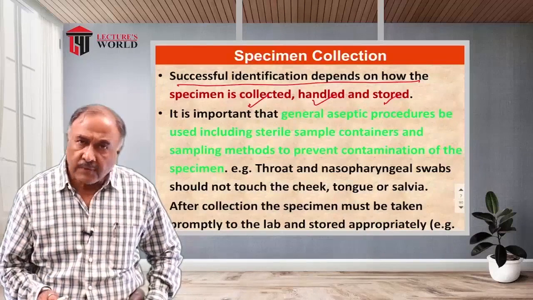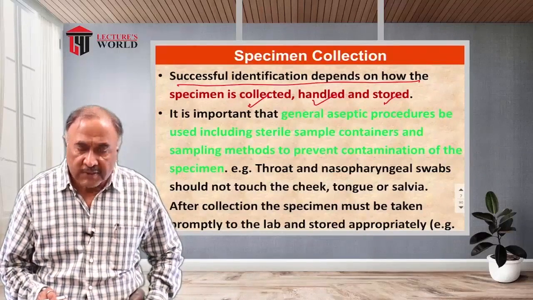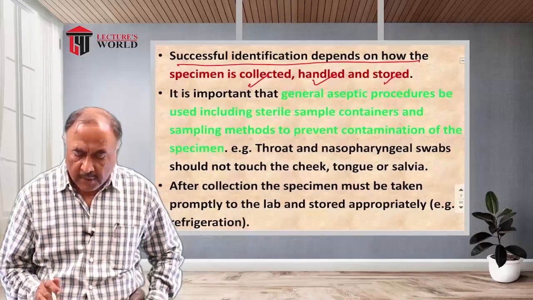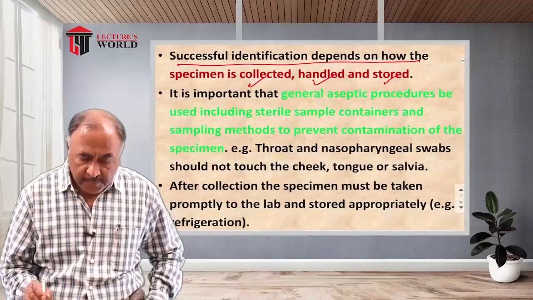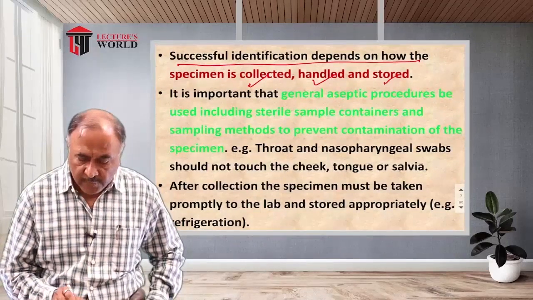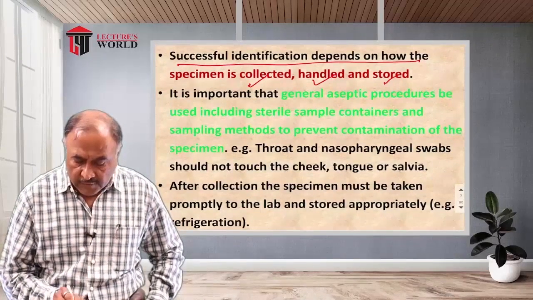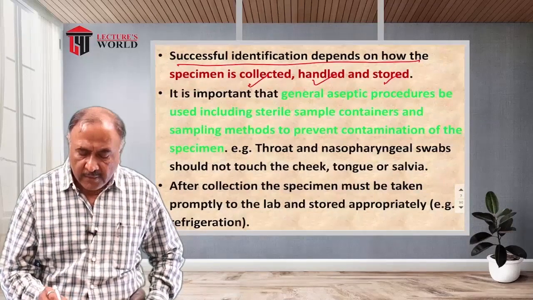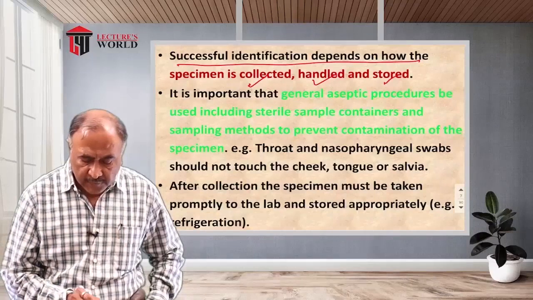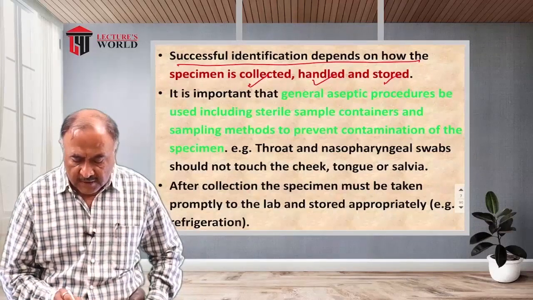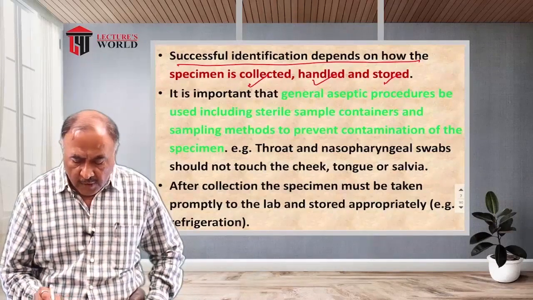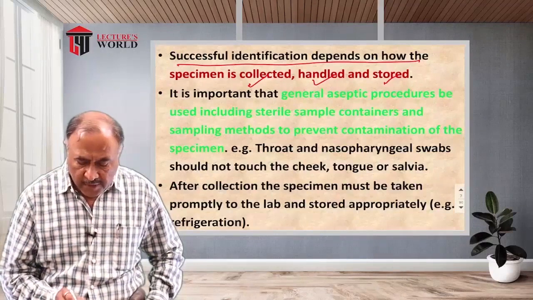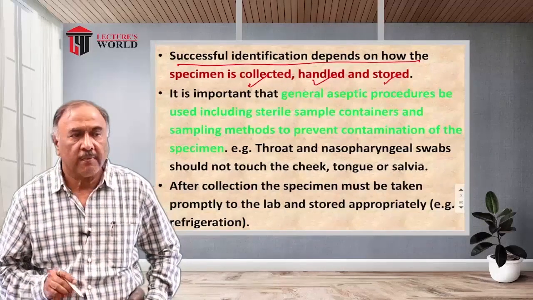And it goes without saying that general aseptic procedures should be used, sterile containers should be used, and aseptic sampling methods are to be used. Now, what is the aim of this? To prevent contamination.